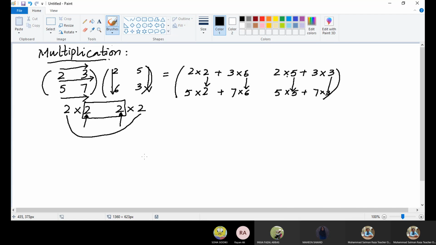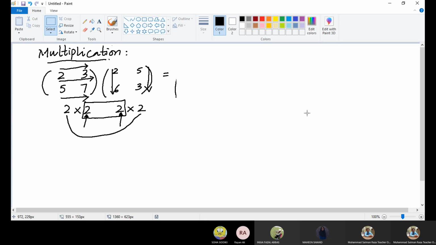Those who have just joined us, I am going to repeat it again so that you may see how multiplication is possible in matrices. So keep the rule in your mind that if the number of columns of the first matrix and the number of rows of the second matrix are equal, then we can multiply them.